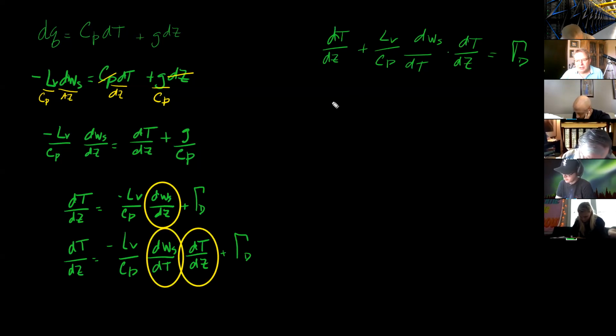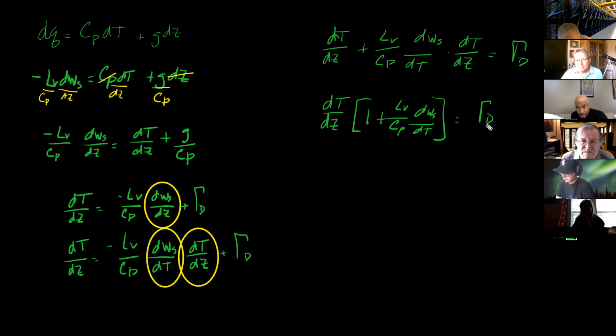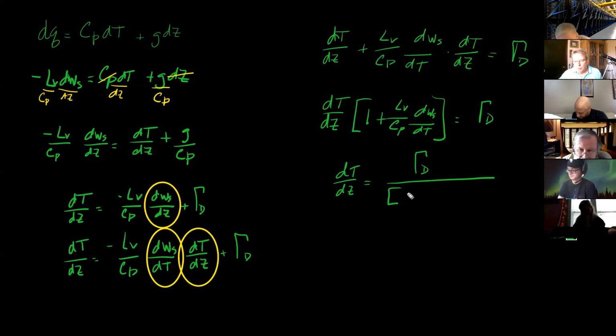And then we say, all right, so dT/dz is equal to the dry adiabatic lapse rate over 1 plus Lv/Cp dWs/dT.